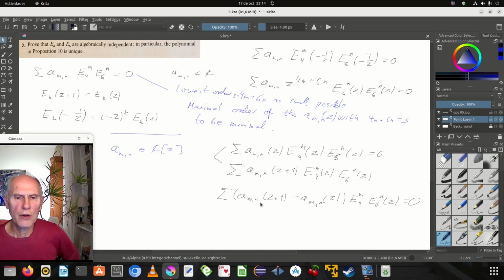It's all the polynomials of the maximal order that are constants. If there's any which is not constant, then by doing this trick, we'll get some polynomials, so they'll all have to vanish to get the null polynomial. So it's okay.